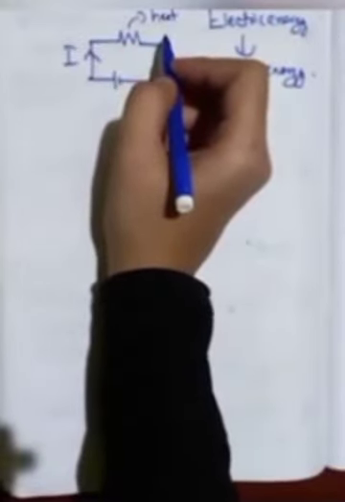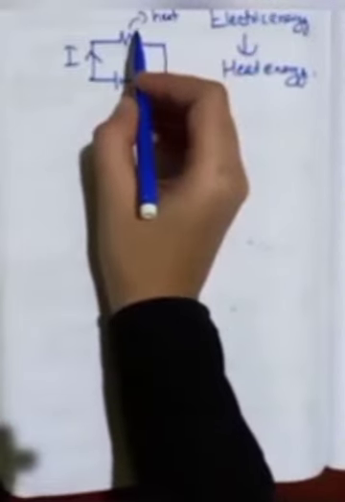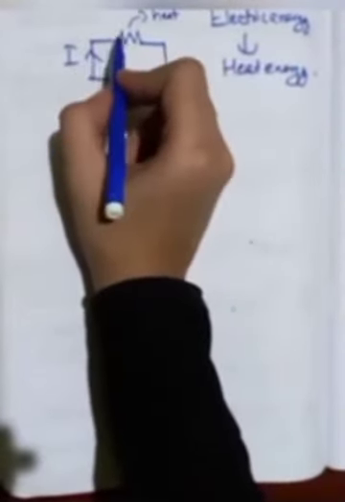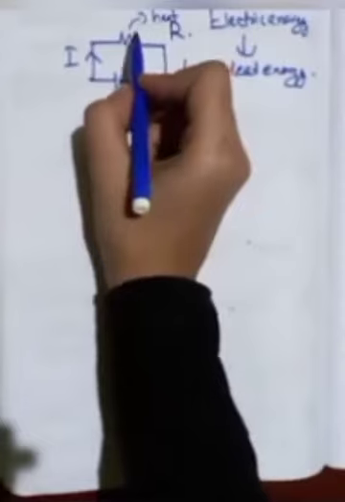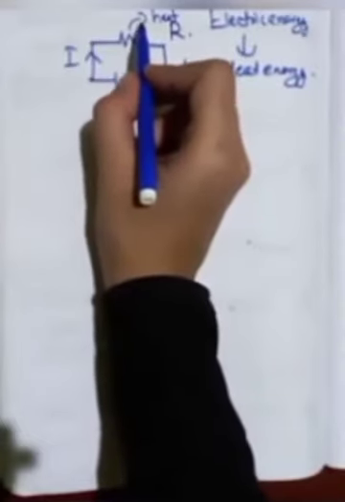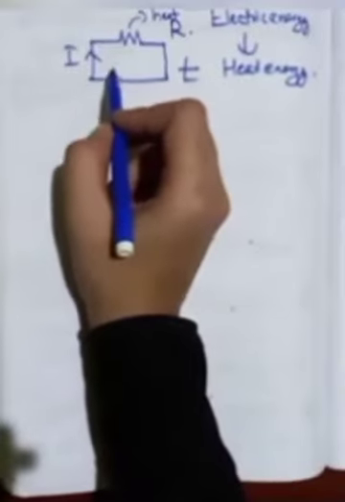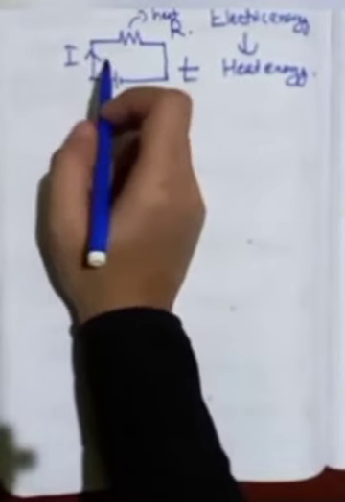Our motive is to calculate how much heat gets produced in time t when current I flows through a resistor of resistance R.